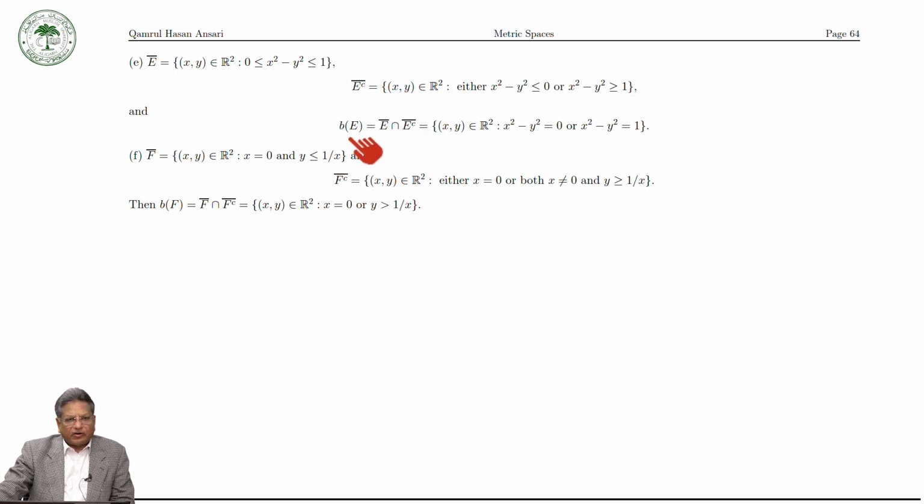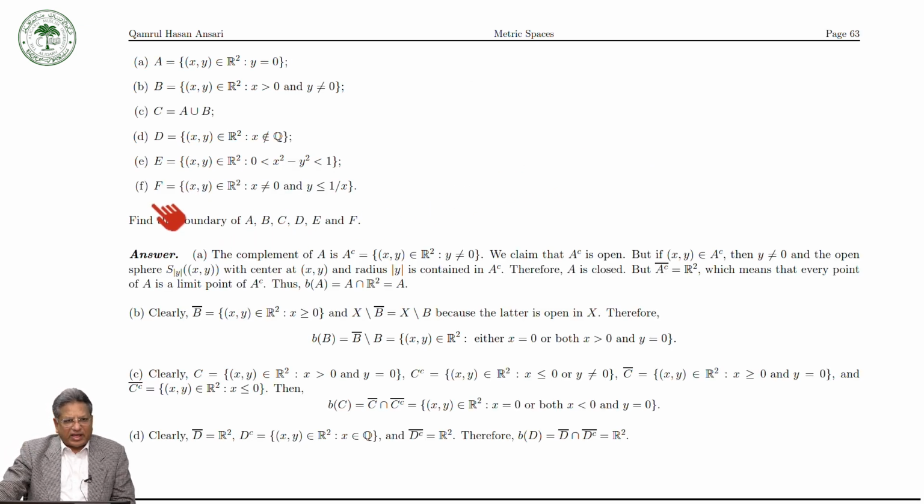And the boundary of A is equal to the closure of A intersection the closure of the complement of A. So this is the complement of A, this is the closure of A, and now you can take the intersection of these, which is equal to this set.